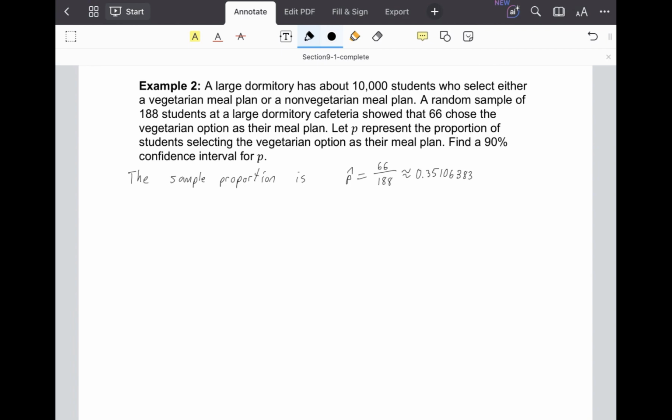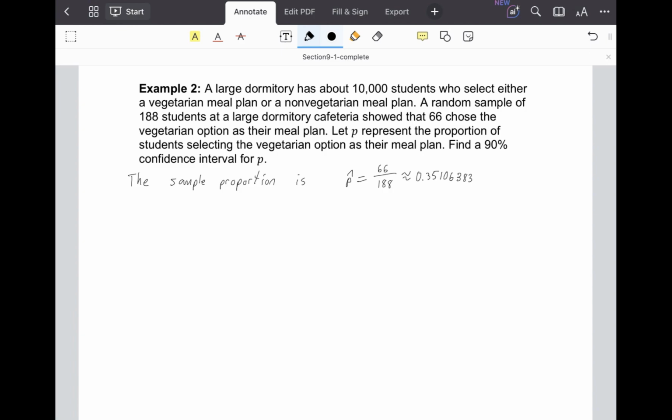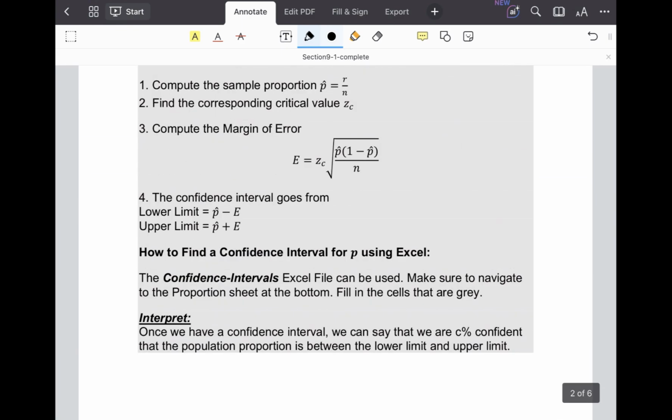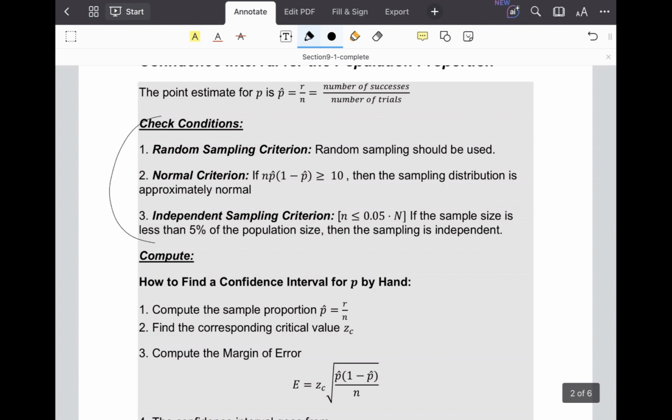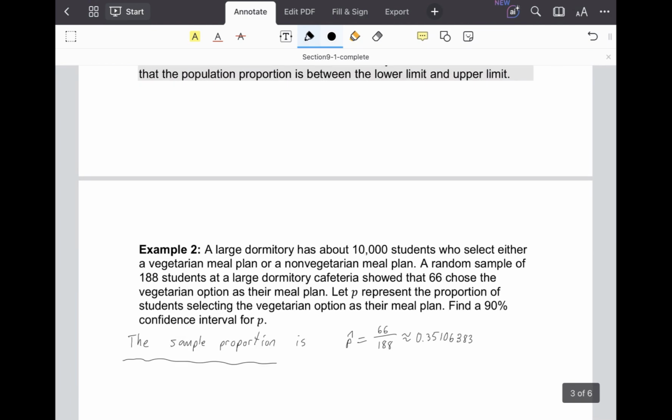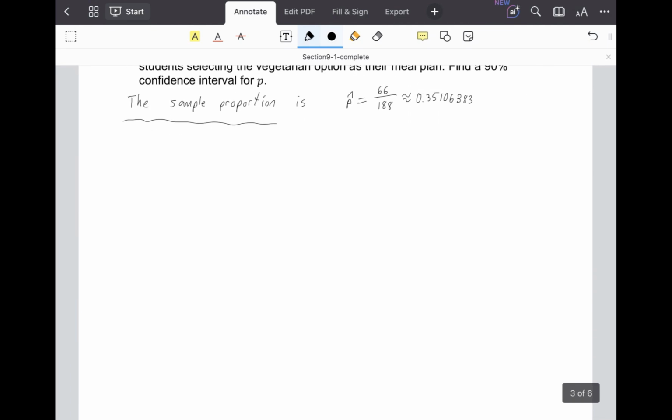Now, we want to be 90% confident, so we have to run a confidence interval. So the first step in this, and I'm just going back up to here, I need to check these conditions. Okay, so I'm just going to write right here, check conditions, just so I know what I'm doing.